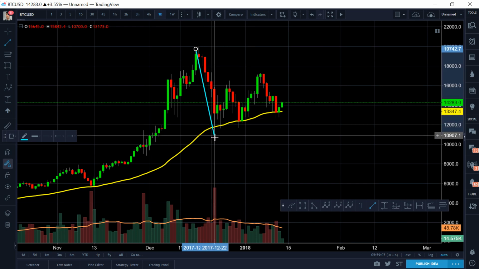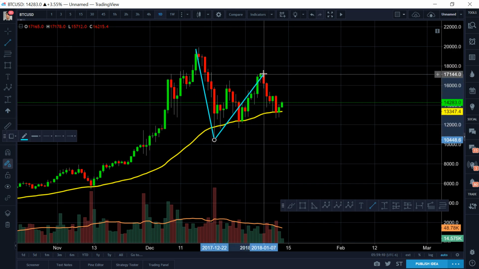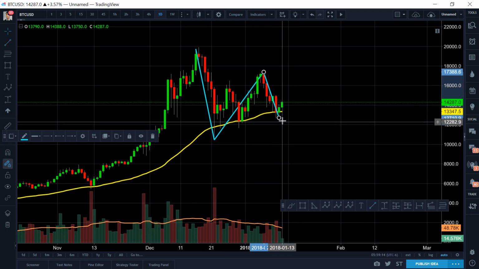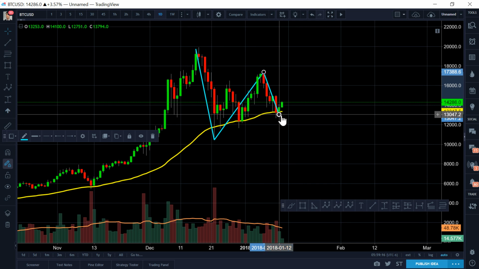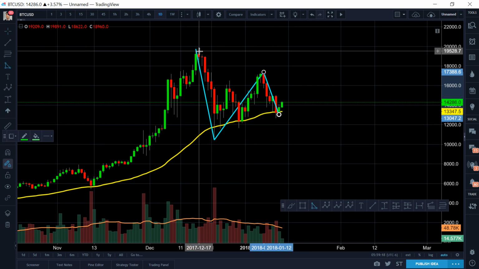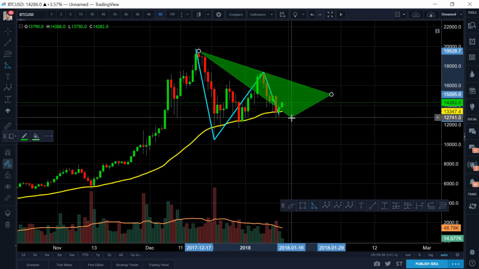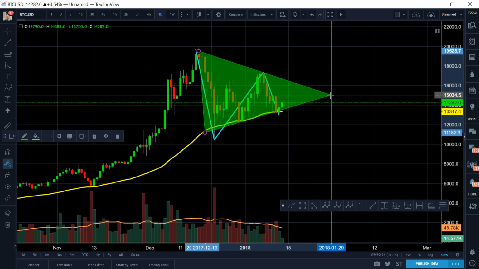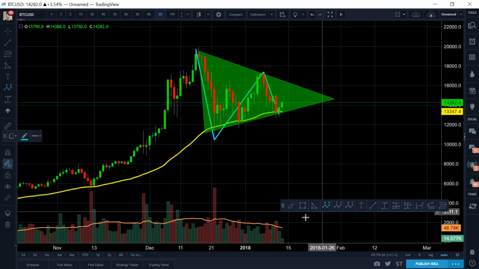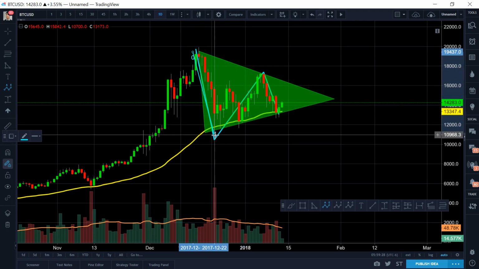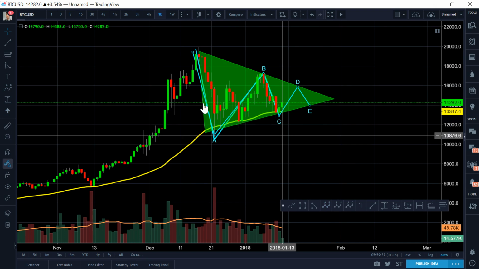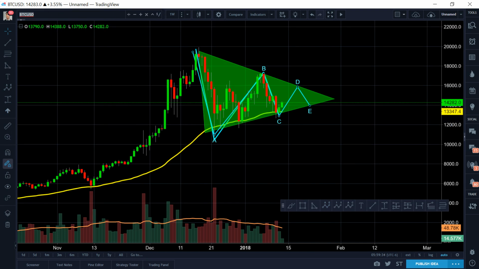We count 5 waves coming down, and then we count a B going up, and then we count a C, right? And because C fell off right here in not a typical zigzag, this one we automatically assume. And because it leveled off here as well, we got lots of support. We're going to expect a wedge like that. And this one is going to form an A, a B, a C, a D, and an E.